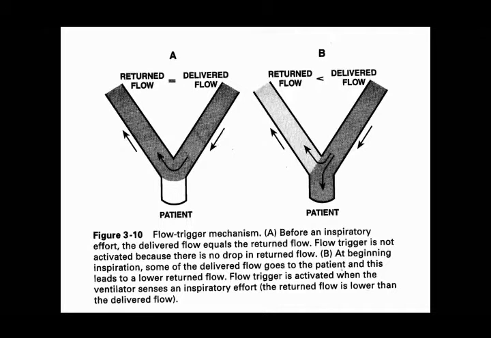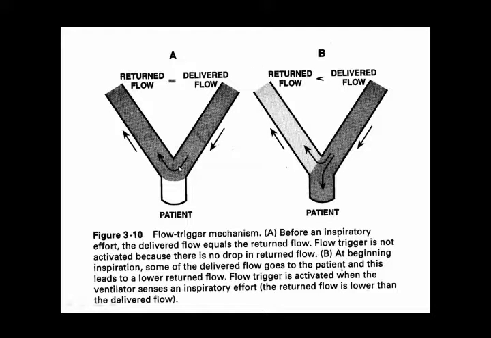Pressure's pretty easy because it can sense a drop in pressure. Flow is a little bit trickier. How do I know that a patient is beginning to generate some flow? The way it happens is in between breaths, the ventilator is putting out a flow of gas that's going around in a circle.